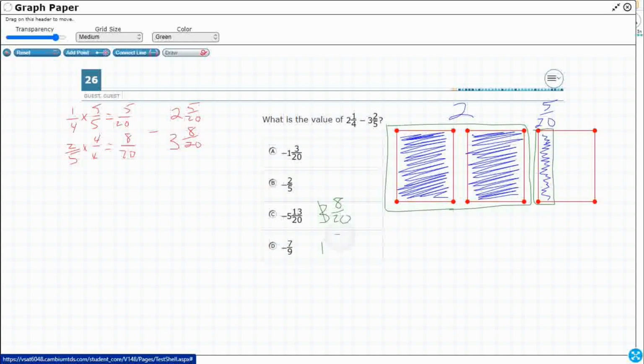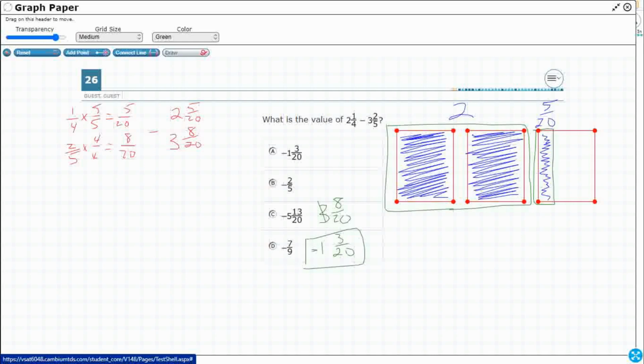So that's going to get me 3 more. But remember that the 3 8/20 I'm taking away is actually greater. So that's how much I'm missing. If I were to add 1 3/20, I can get up to that 3 8/20. So that's one way to look at it, is that negative 1 3/20.